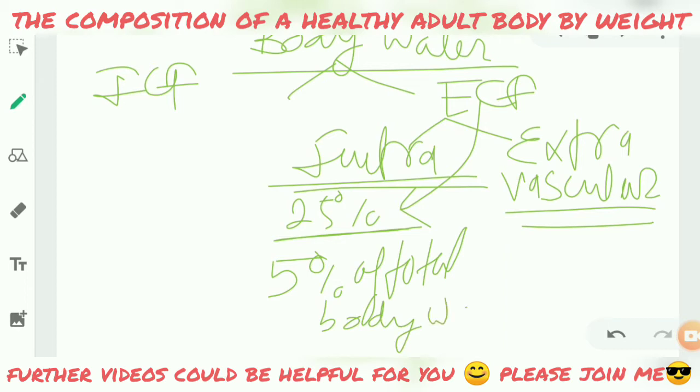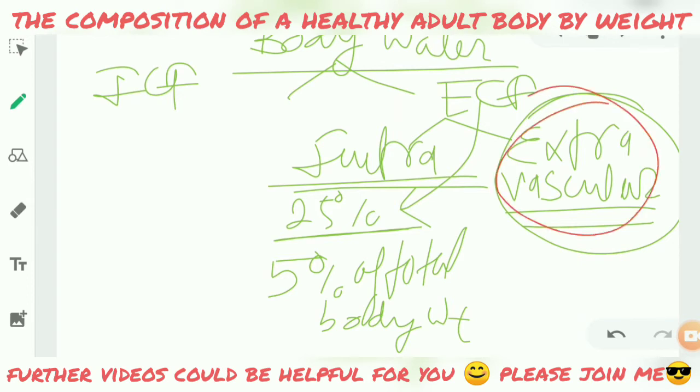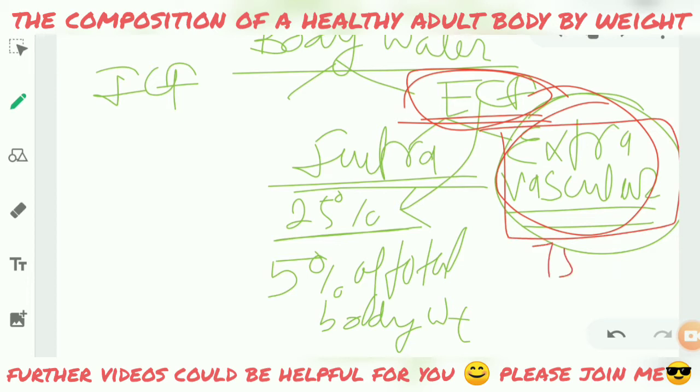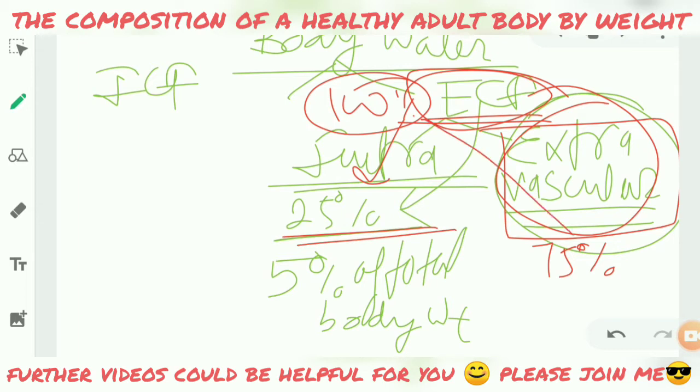Whereas extravascular fluid, the second type of ECF, is the remaining 75%, meaning if 100% is ECF, then 25% is intravascular and 75% is extravascular.